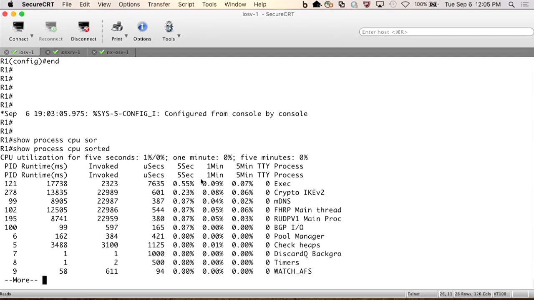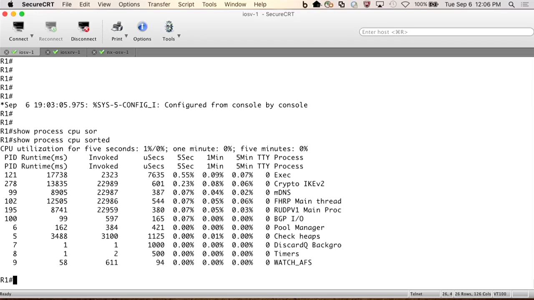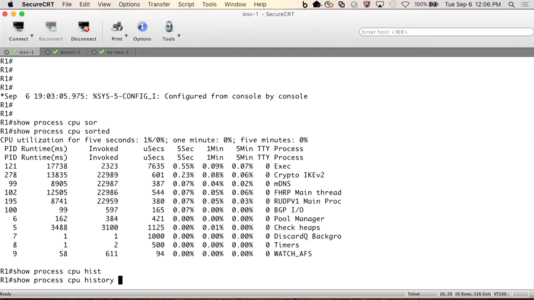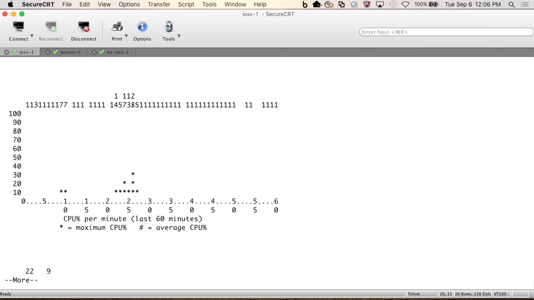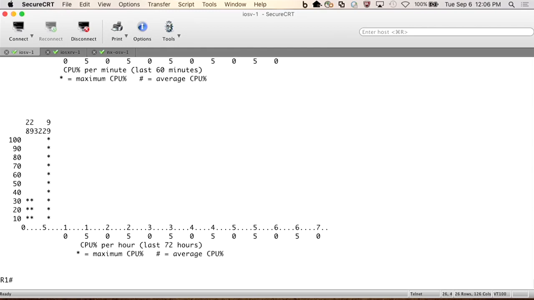Most important is that you understand what those processes do, what functions are performed by them. You can finally look at the historical data of the last 72 hours on the router itself using the command show process CPU history. It shows you the historical data of the last 60 seconds, last 60 minutes, that is 1 hour, and last 72 hours.